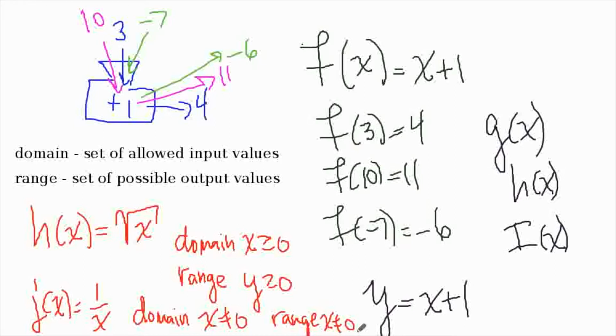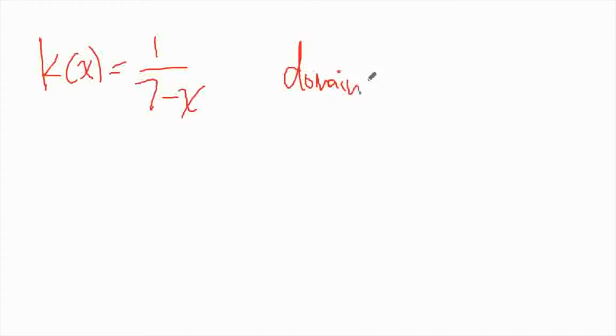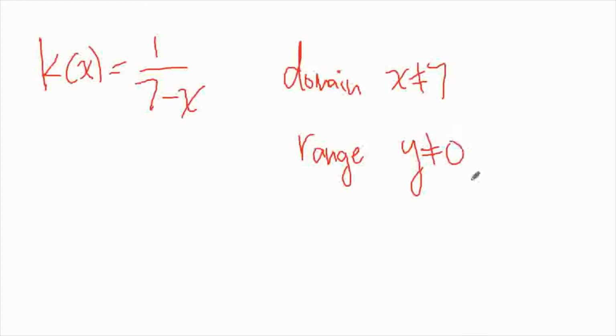In fact, let me give you an example where they are not equal. Let's say that I had k of x is equal to 1 over 7 minus x. In that case, the domain is everything except 7. 7 is going to create problems because that's going to make the bottom be 0. The range, however, is everything except 0. See how they're different?